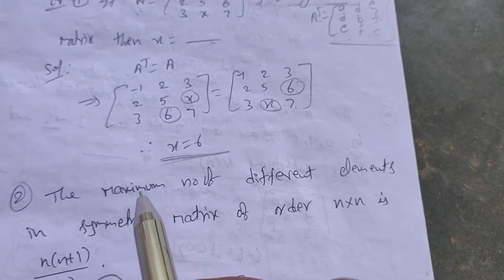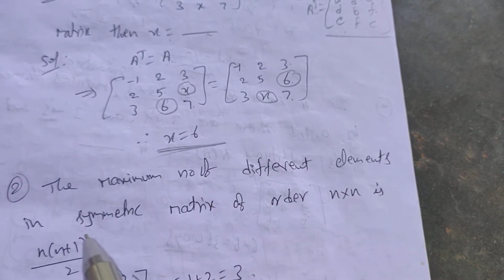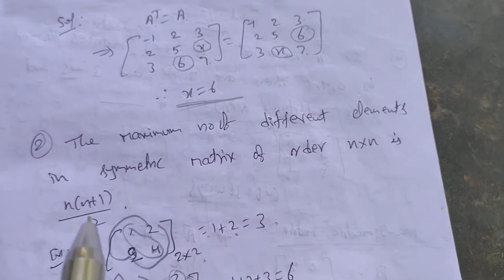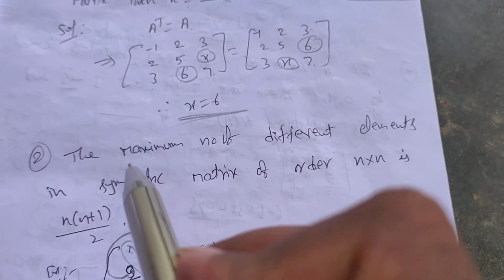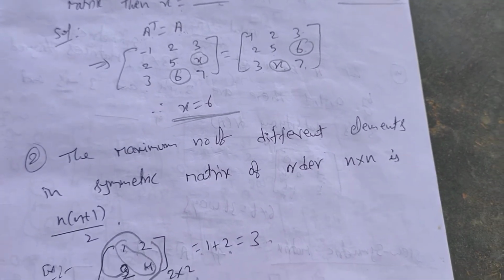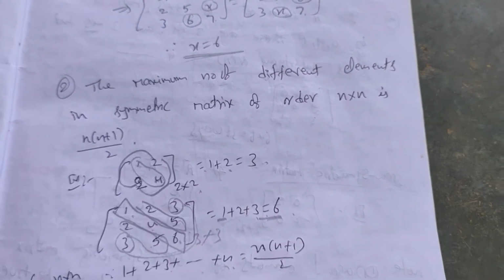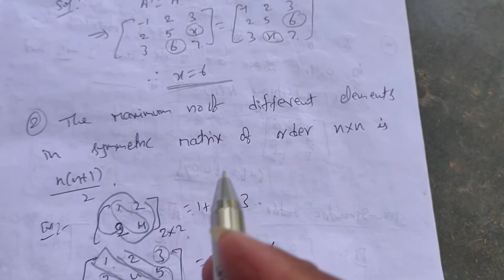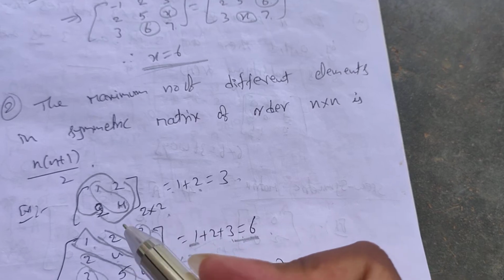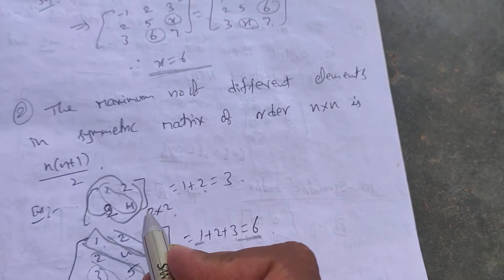Next, the maximum number of different elements in a symmetric matrix of order n by n is n into n plus 1 by 2. See here, for the maximum number, take a 2 by 2 matrix, and then you can generalize to n by n.